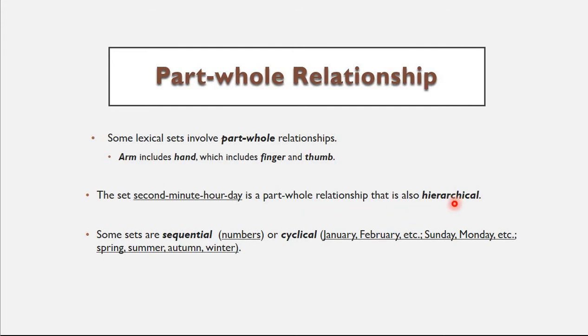That is also hierarchical. And there might also be sequential sets like numbers, and cyclical ones like months and days or the season names. There might be lexical sets that also have a part-whole relationship, but they also have the property of being sequential, cyclical, or hierarchical, as shown here.